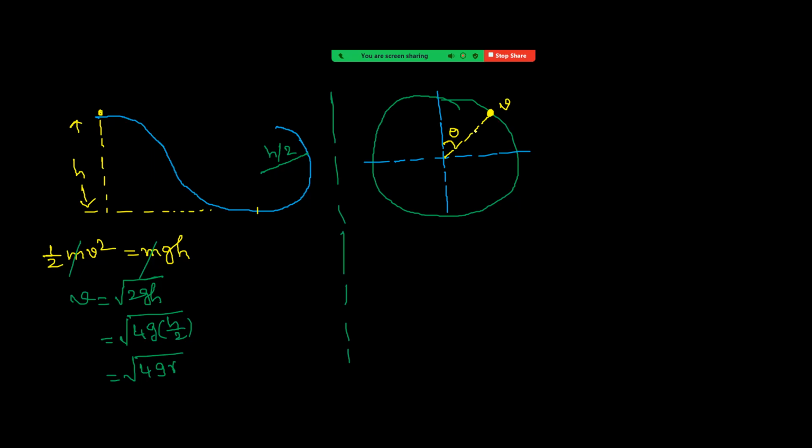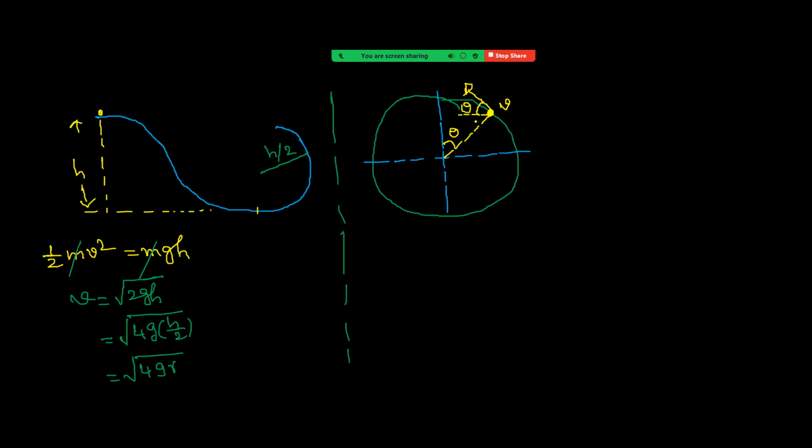Once the string slacks or loses contact, it becomes an oblique projectile. You can see here the velocity is along the tangent, and this angle theta becomes the angle of projection.